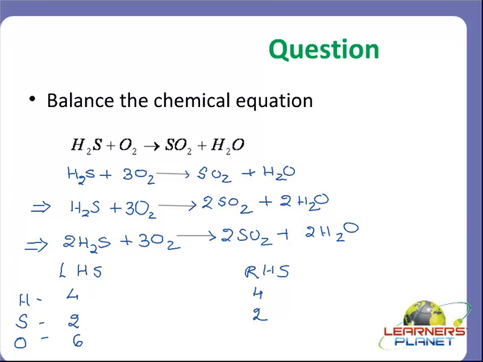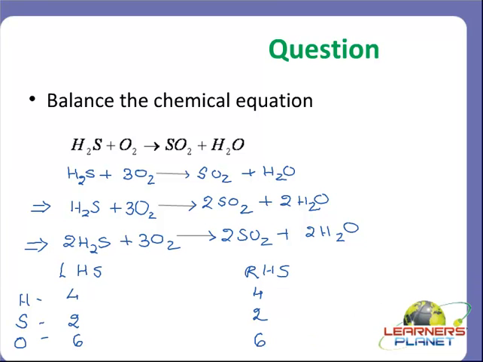So oxygen on the RHS side is also 6. Now, is our equation balanced, children? Yes, our equation is balanced. This is the way we balance the equations.